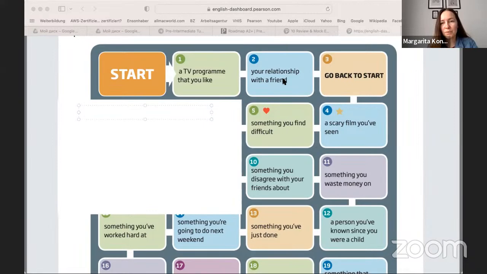One moment. That was a fixed phrase. I find, for example, sitting down and doing my homework difficult. So you need to say, I find something difficult.